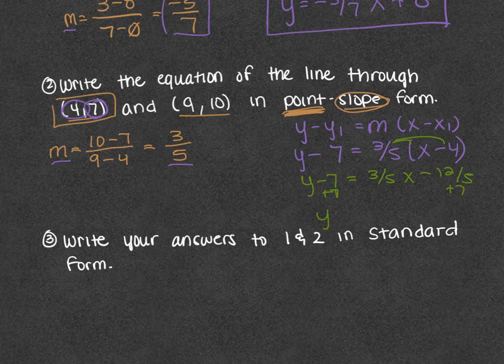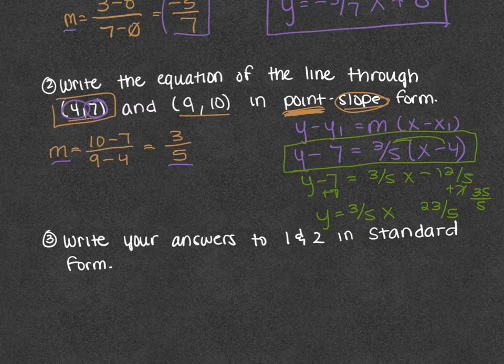So we get y equals 3 over 5x, and I'm going to rewrite 7 as 35 over 5 to get a common denominator, plus 23 over 5. So point-slope form, we could have stopped here, but if they wanted slope-intercept, we can take that and turn it into slope-intercept form.